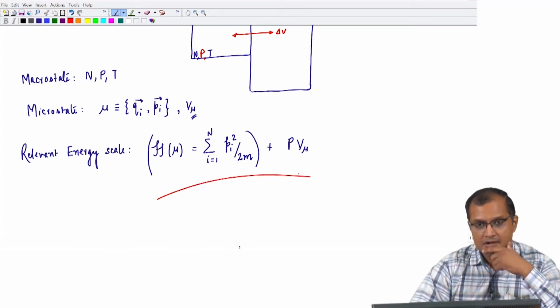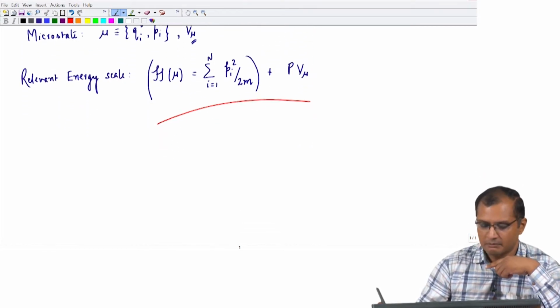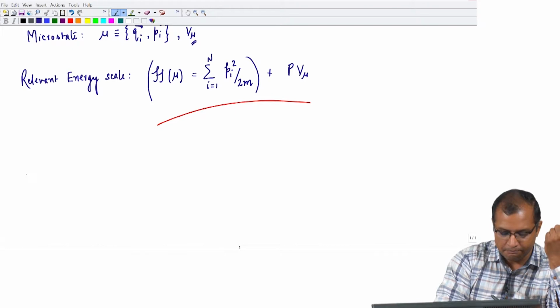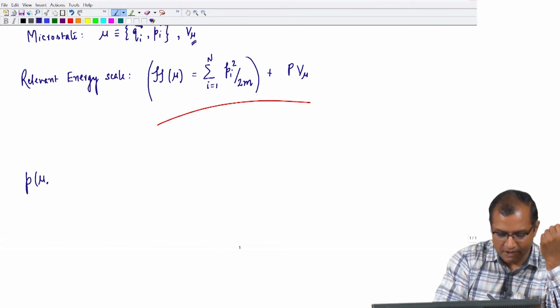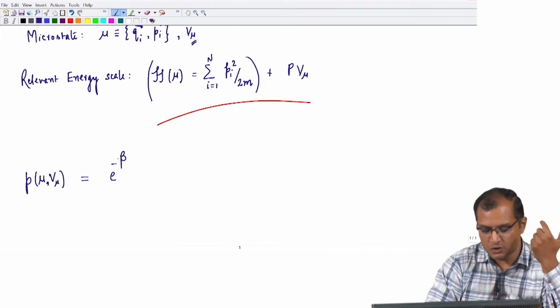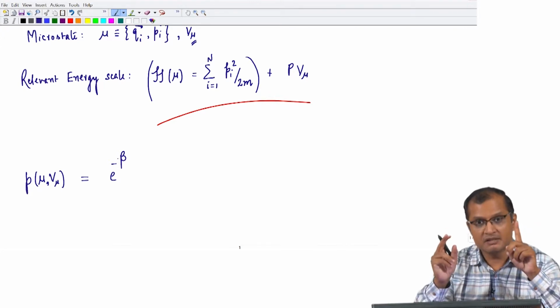Okay. So, I must write down my probability of finding the system in a given microstate mu at volume V mu as a Boltzmann factor. Now, the Boltzmann factor here is e raised to minus beta into the energy scale.